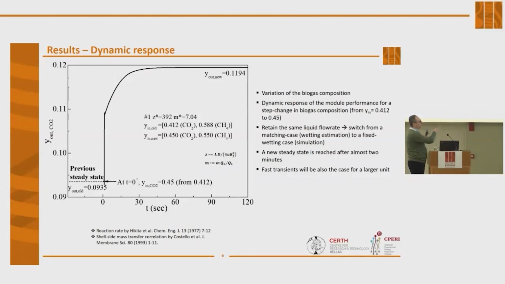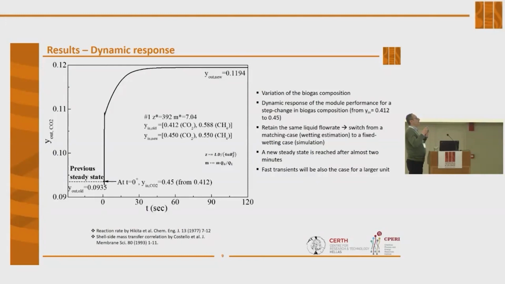It is less than 0.40 as was the feed, because we have removed carbon dioxide. And it drops to 0.09. This is what we solved. This is the steady state solution.